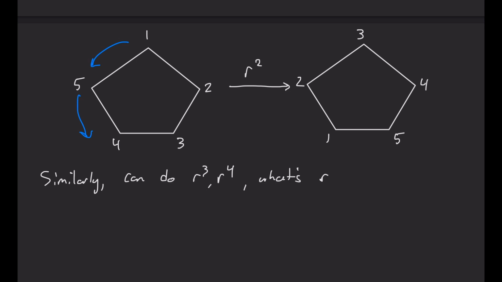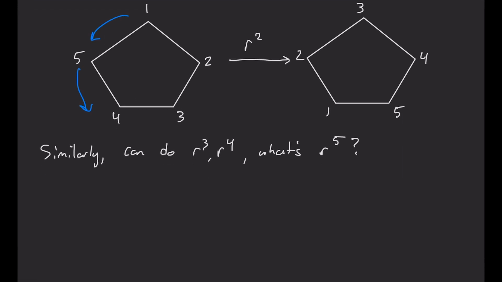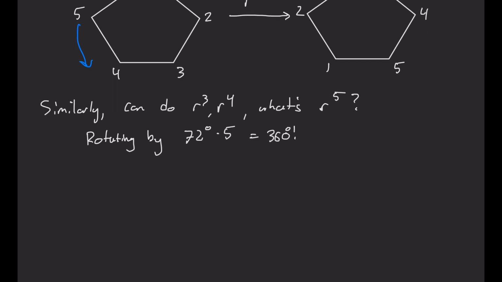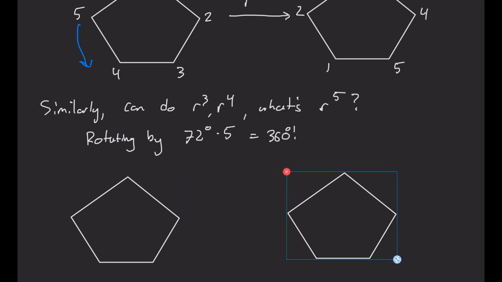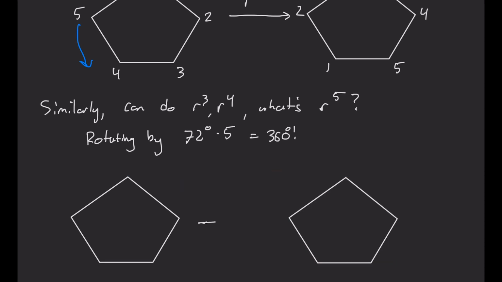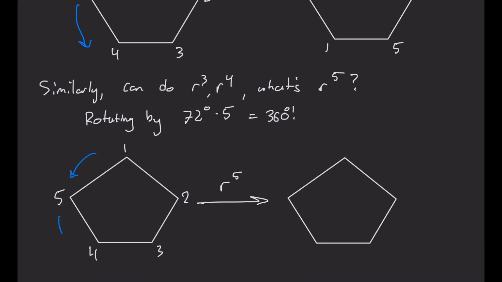But my question is, what's R to the 5? R to the 5 should be rotating by 72 degrees 5 times, but that's just 360 degrees. So that's a full circle rotation. In particular, if I label these vertices, I'm sending 1 around the whole circle and it ends up right back where it started.